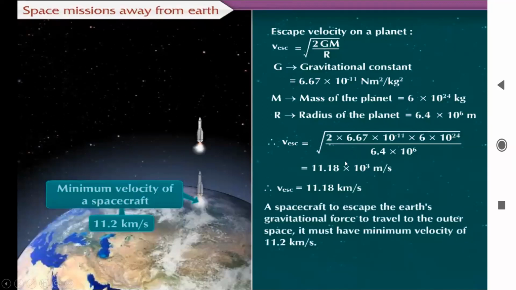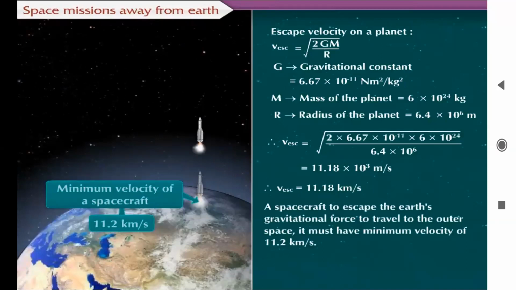By doing the calculation, the answer I got is 11.18. Since 8 is greater than 5, we can put 11.2, where 1 gets transferred into 2. These are the terms of mathematics, right? So it is 11.2 into 10 raised to 3 meter per second, or 11.2 kilometer per second.